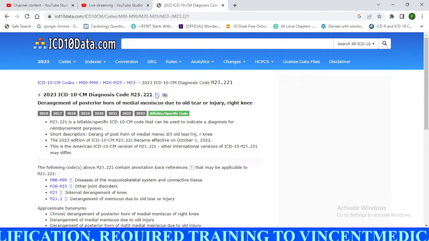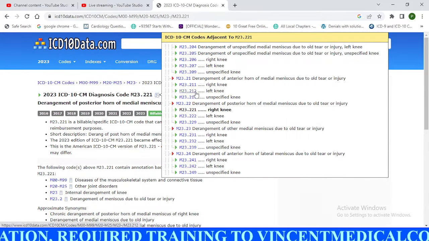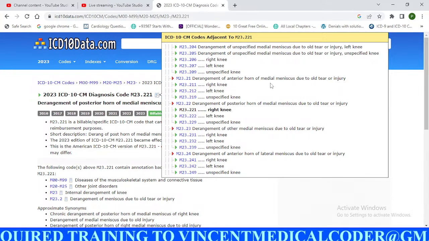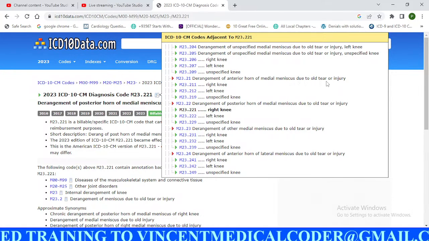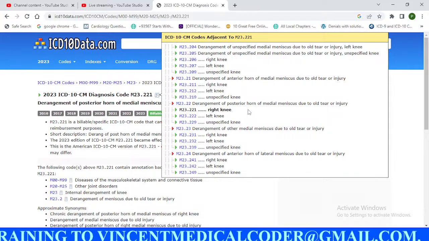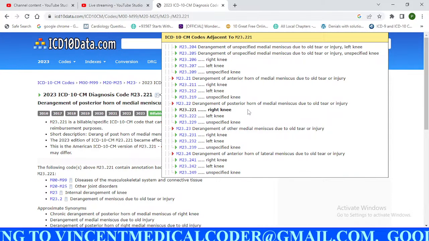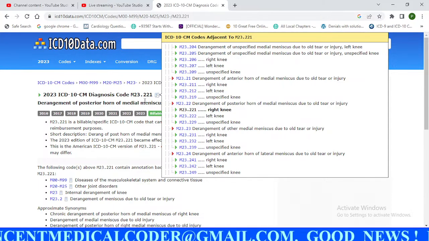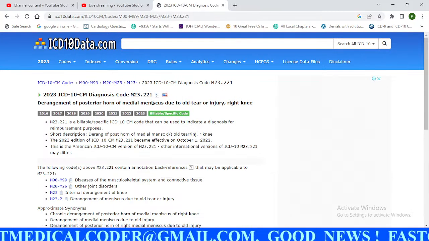We will check 211 also. What is 211? Derangement of anterior horn of medial meniscus due to old tear or injury. But based on our question, we have posterior horn derangement. Because of that, our answer is M23221.